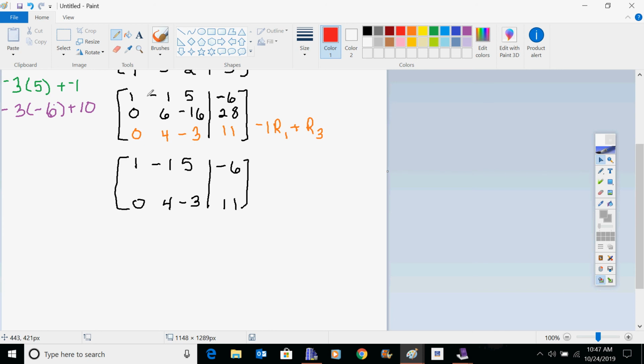Since I'm trying to change this into a 1 and this is already a 0, all I have to do is take this row and divide it by how much? 6. So if I take row 2 and divide it by 6, how much is 0 divided by 6?